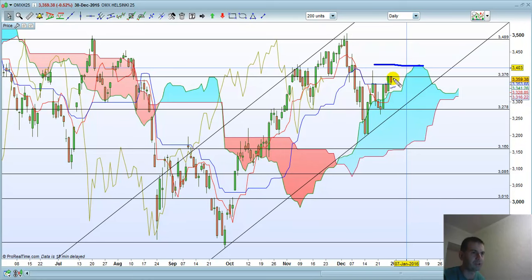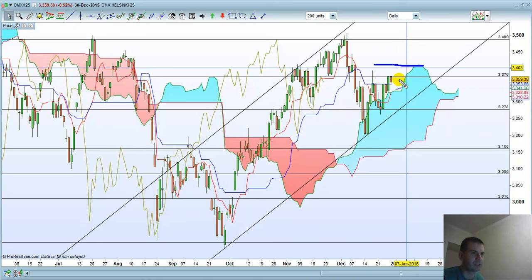Also the price is under this resistance level 3.376. It knocked up this level, but it rebounds down and now the price is consolidating under this level.